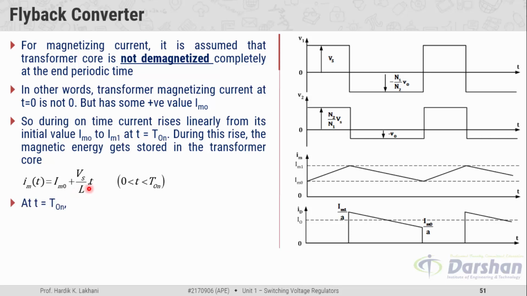At t is equal to t on, we can write Im of t on is equal to Im1, because at that instant the magnetizing current reaches the Im1 value. So Im1 is equal to, substituting t is equal to t on, Im0 plus Vs upon L into t on.